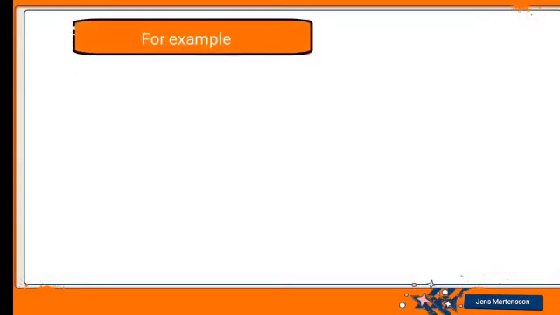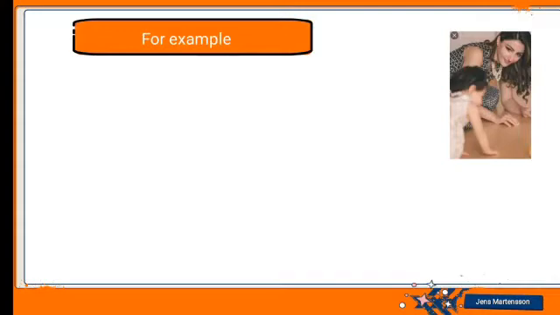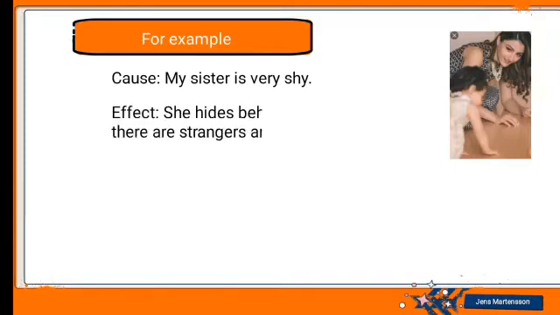For example, my sister is very shy. This sentence is cause. She hides behind my mother when there are strangers around. This sentence is called effect.